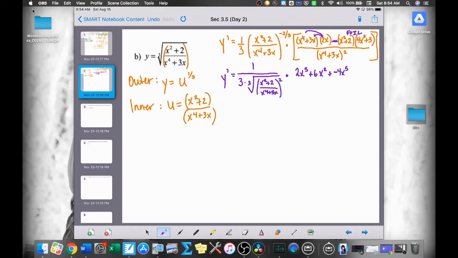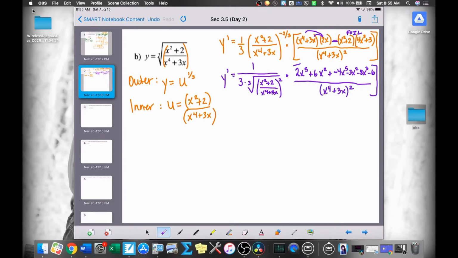Then my outers, x squared times 3 is going to give me a negative 3x squared. Then my inners, 2 times 4x cubed is going to give me 8x cubed, so negative 8x cubed. And then finally my last, 2 times 3 is 6, times the negative 1 is negative 6. And this is all over x to the 4th plus 3x quantity squared.